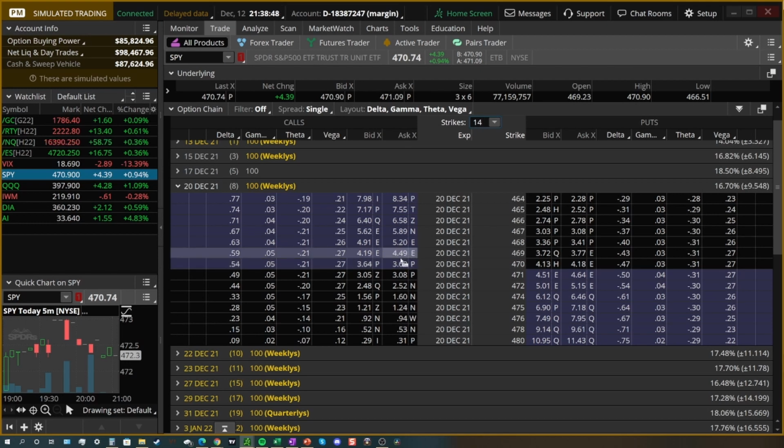You could expect this option price right here to go up by 27 cents. That's what this is saying. And vice versa, if the implied volatility decreased by 1 percentage point, you can also expect this option price to decrease by about 27 cents. That's how you understand what Vega is telling you, and it makes perfect sense.